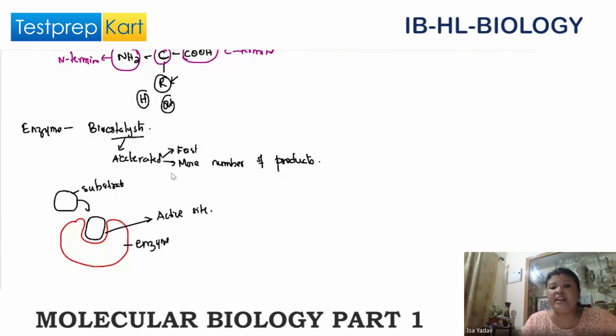So this theory is referred to as the lock and key theory. The enzyme will bind and break and make bonds. After that, it will make a new product out of the substrate.